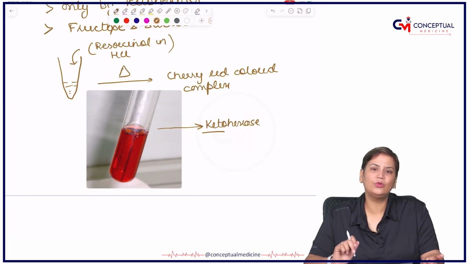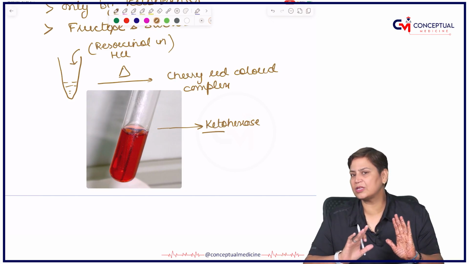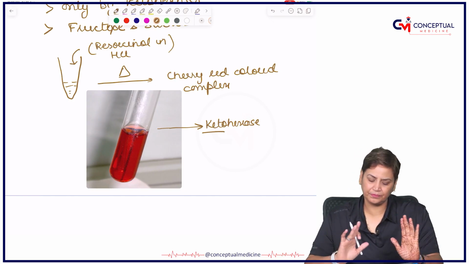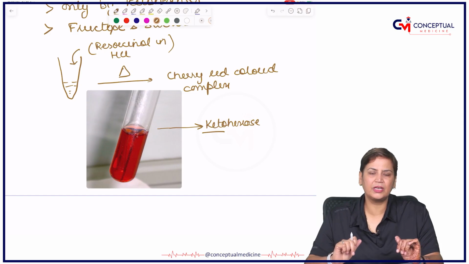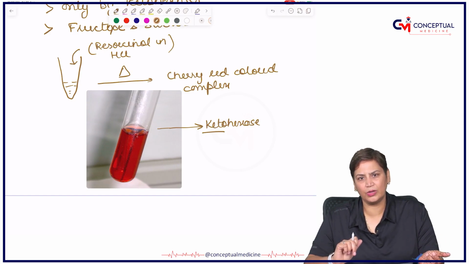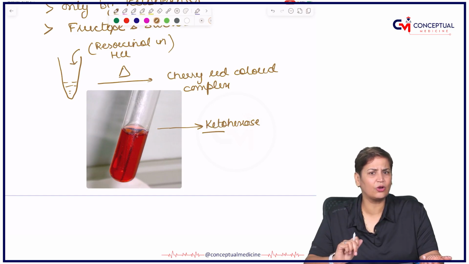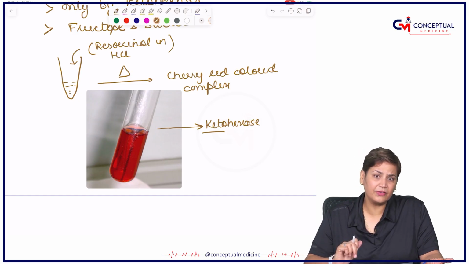And then we come over to Seliwanoff's test, which is given by only the ketohexoses. Why is it important? Because glucose and fructose are going to give all the other tests positive. Suppose a patient comes to us suffering from fructosuria. No doubt enzyme-based studies are also important, but we have to differentiate, because there is a difference between a patient suffering from fructosuria and a patient suffering from glucosuria.